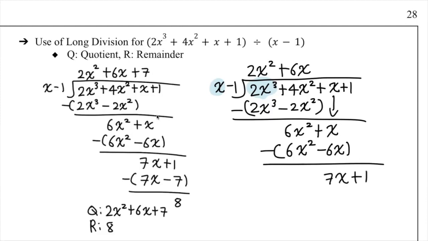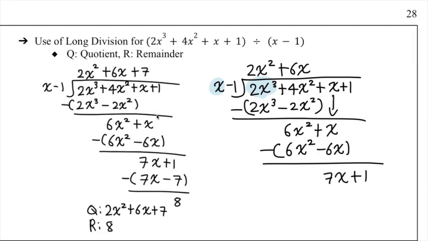Why is it 7? Because we're distributing the negative sign due to the distributive property, so the negative turns into a positive. So it's going to give us 7x plus 1. And now you're going to think, what should we multiply by x in order to get 7x? It's just 7, right? So you add 7 here, and you multiply 7 and x minus 1. Then you get 7x minus 7.